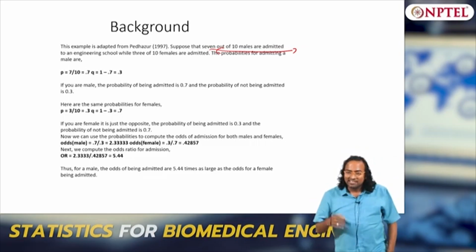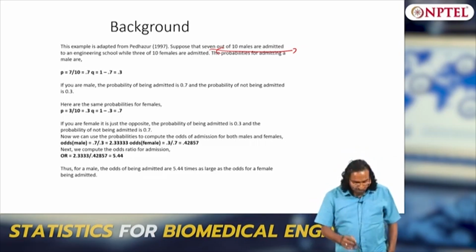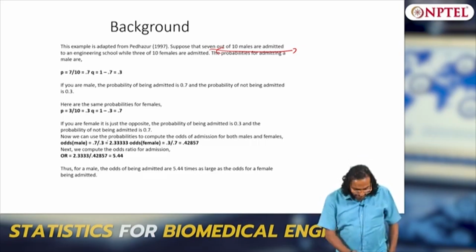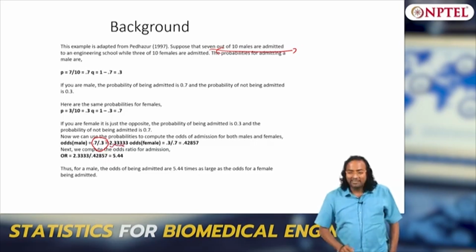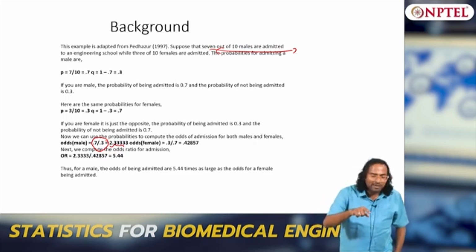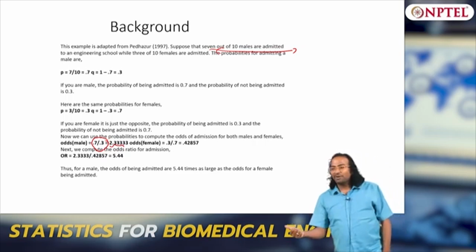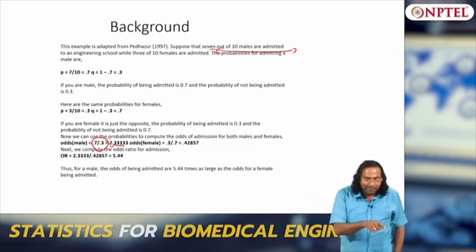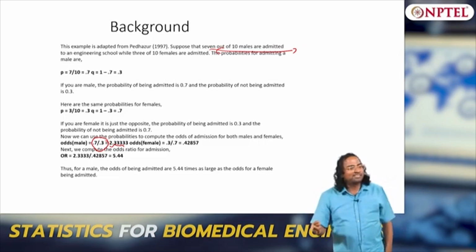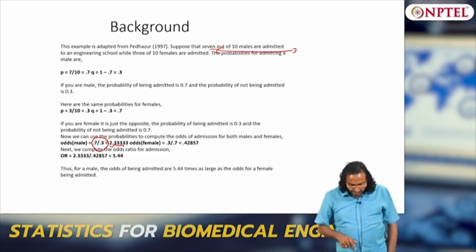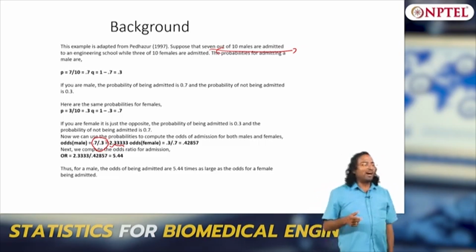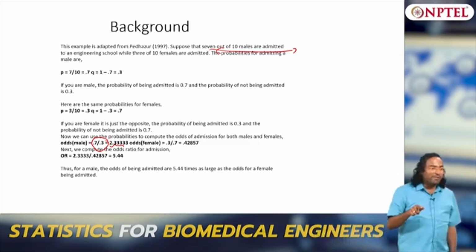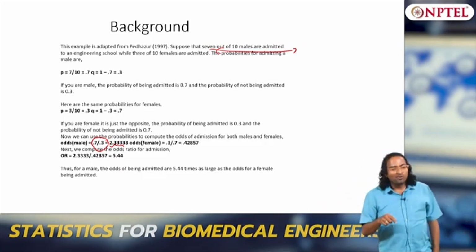It is 0.7 by 0.3, so the odds of a male is 2.33. What does it mean? For every female, 2.33 males get admitted, because 7 out of 10 are male. And if you take the odds of a female, for every male 0.42 female gets admitted.